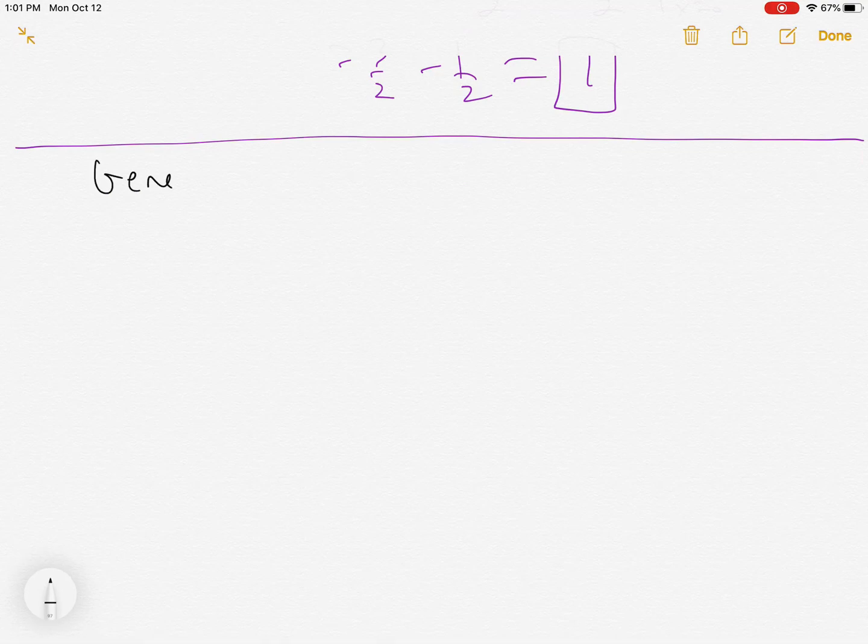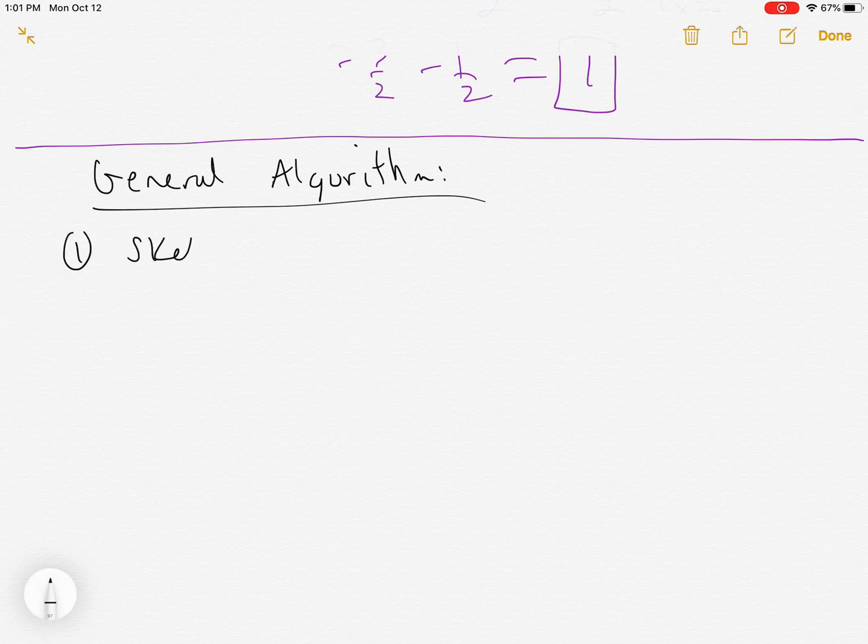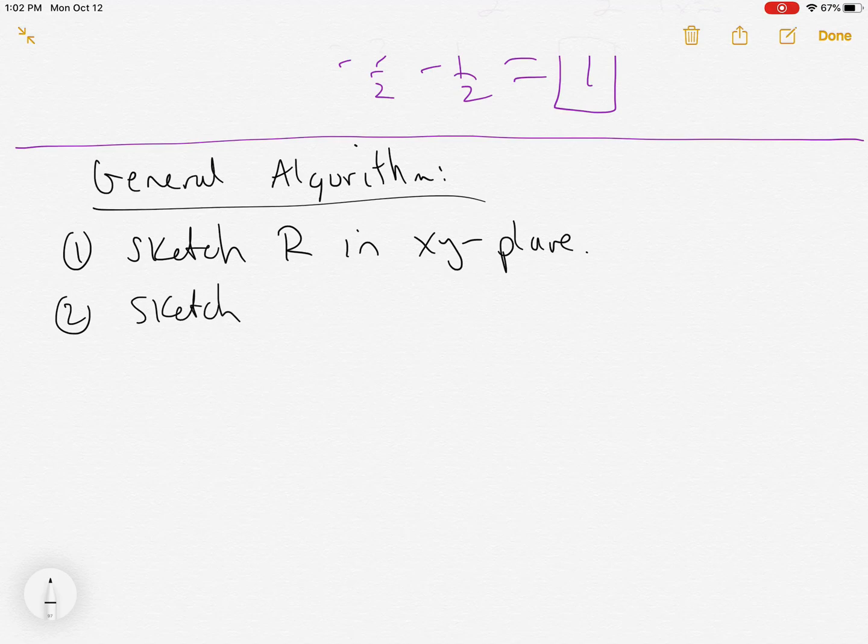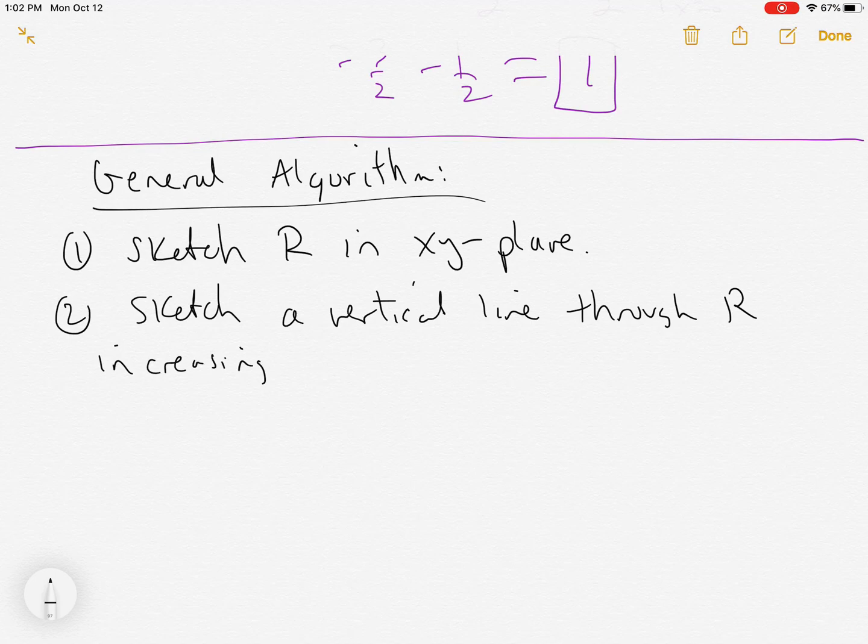So the general algorithm. 1, sketch R in the X, Y plane. 2, then sketch a vertical line through R, increasing with respect to Y. So if we had a little region over here, it would be going this way, right?